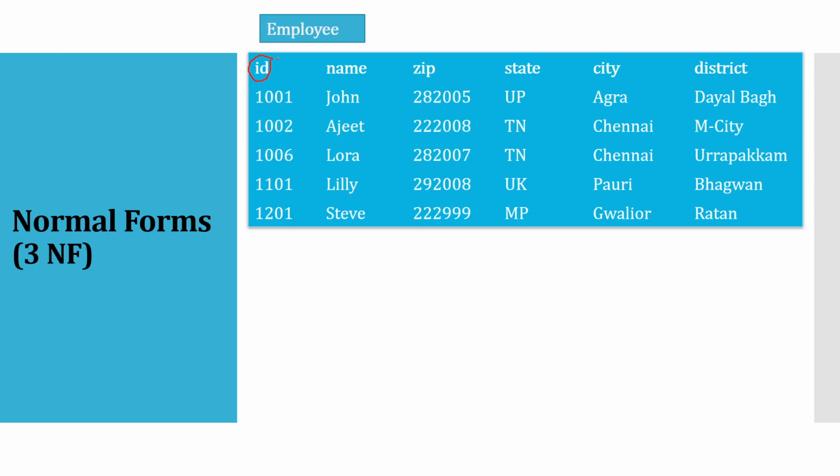Then a combination of ID and name is a super key. Then a combination of ID, name and zip is a super key. Then a combination of ID, name, zip and state is a super key.